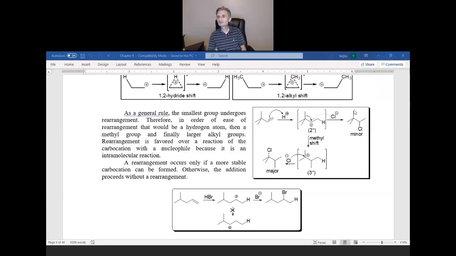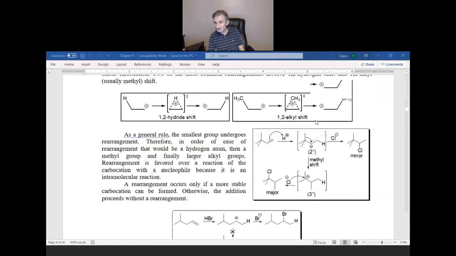But that's actually only minor product, only about 3% of the product. Major product is result of methyl shift. So one of these three methyl groups, any of them, will shift, because 1,2-alkyl shift, to give tertiary carbocation.